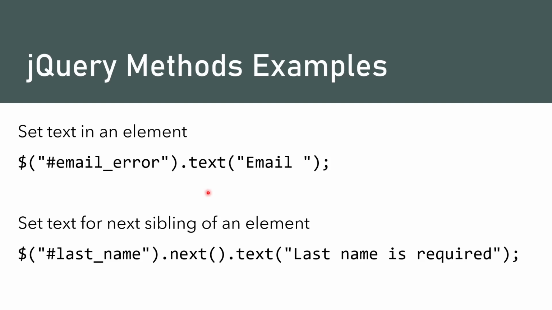And another example of one of the methods is the text method for jQuery, where you can set the text value of an element. So selecting the element with the ID email error and then setting the text to this string literal. All we have to do is pass that string into the text method as a parameter to be able to do that.